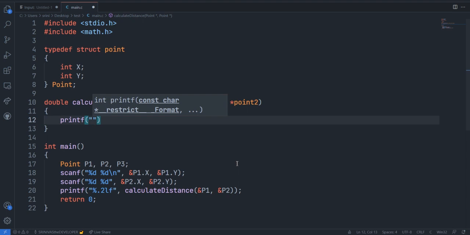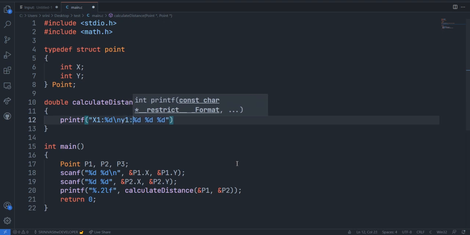For example, printf %d, %d, %d, %d. x1 is this, slash n, y1 is this, slash n, x2 is this, slash n, y2 is this.